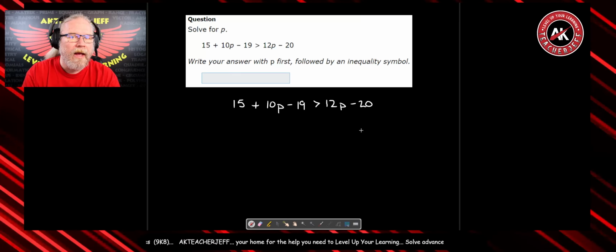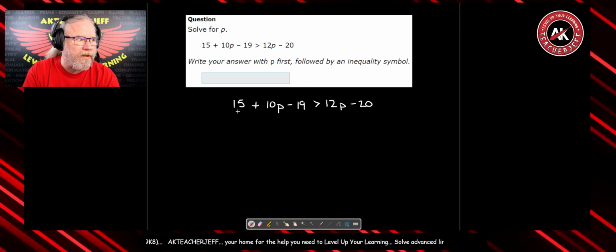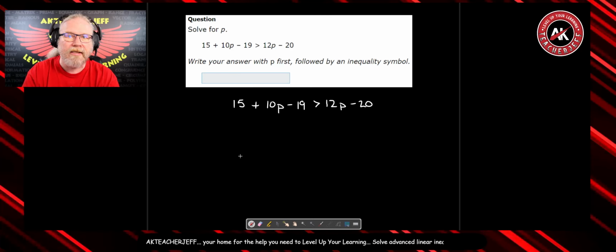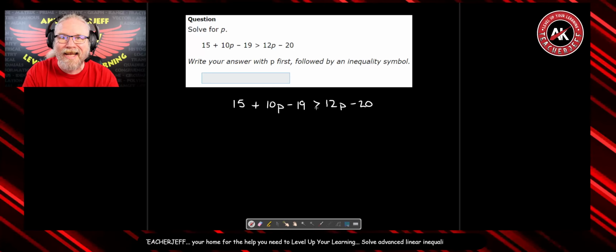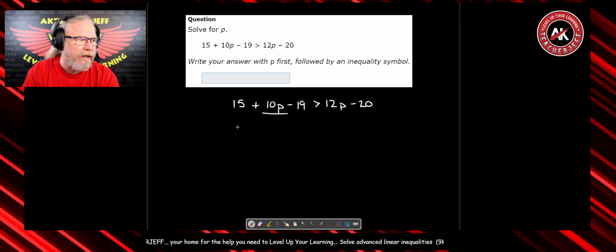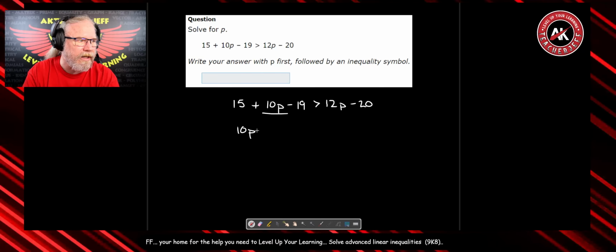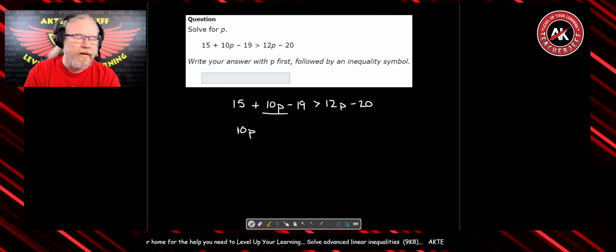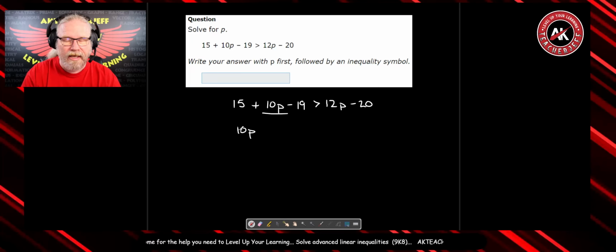All right. First, I need to combine some like terms. Notice that right here, the 15 and the 19, both of these are constants, right? So let's go ahead and put those together. And this is a negative 19 right here. So I'm first going to grab my 10p, and I'm going to put my 10p over here. I like to get all my variable terms over to one side of the inequality.